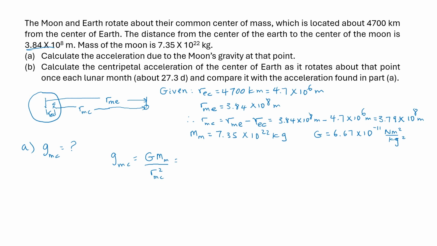Alright, so let's plug in the numbers. 6.67 times 10 to the minus 11 newton meter squared per kilogram squared, times the mass of the Moon, which is given to be 7.35 times 10 to the power of 22 kilograms, over the distance squared, which is 3.79 times 10 to the power of 8 meters, squared.